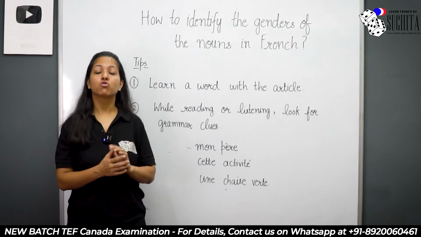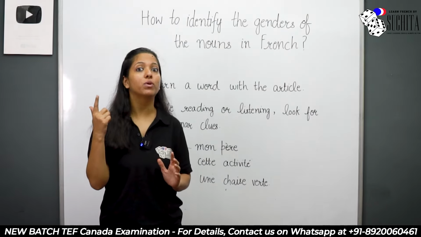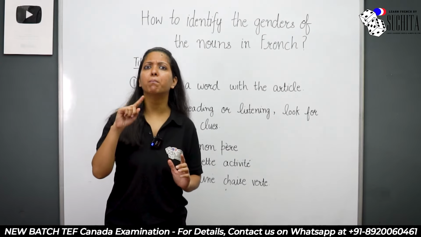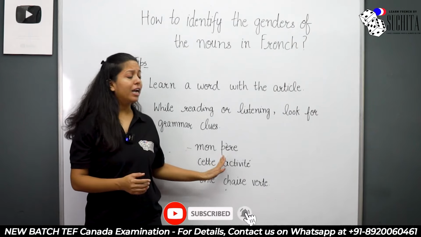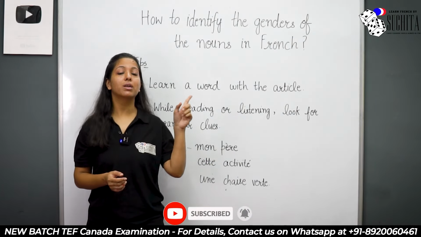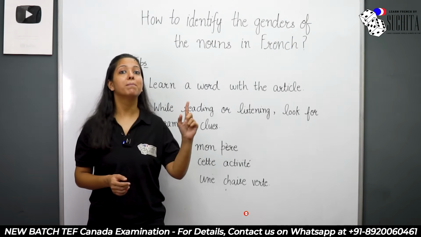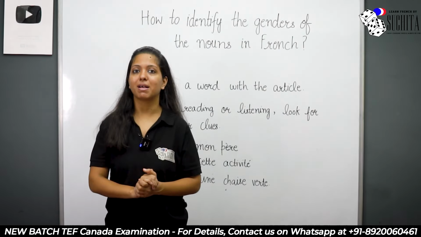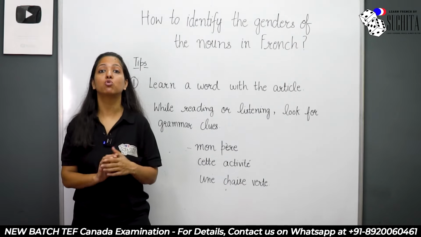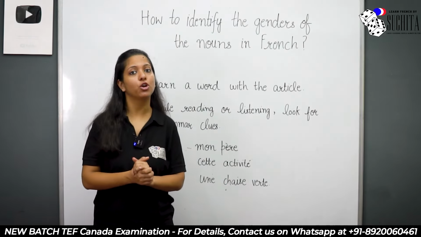Mon père. So mon père, that means your mind should run over there that I had studied mon père. That means the word père is masculine. Had it been feminine, we would not have learnt mon père. Then it would have been ma père. Since I have learnt mon père, that means the word is masculine. These are few tips to learn whether a noun is masculine or feminine.